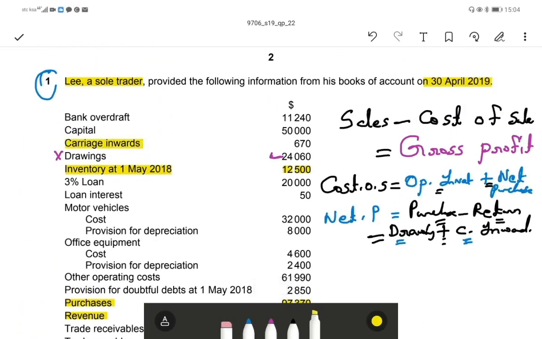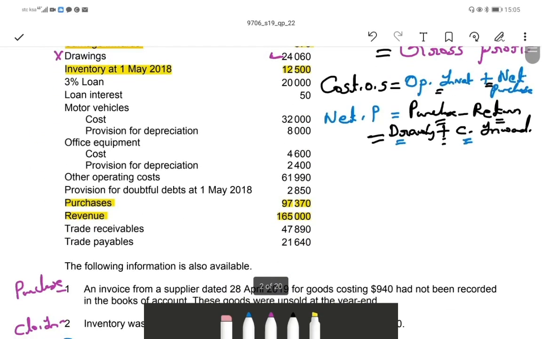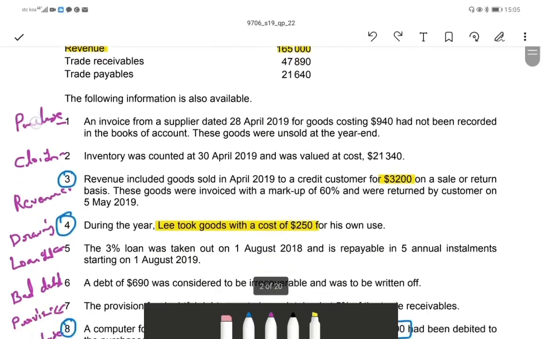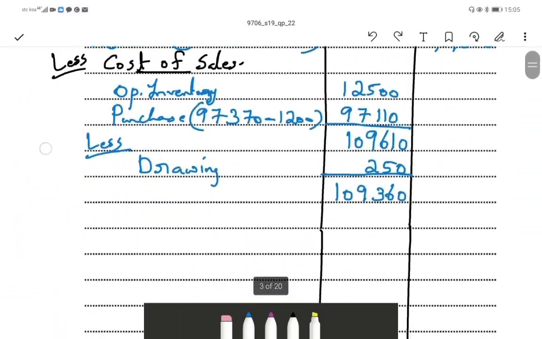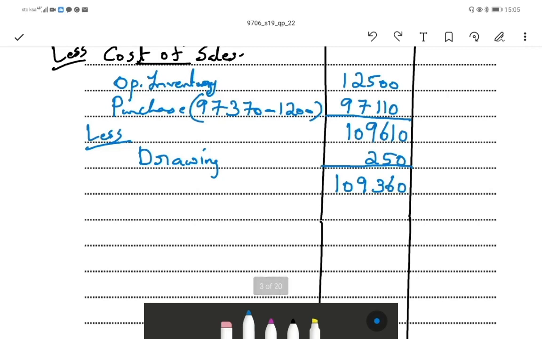Yes, here given carriage invert 670. Any adjustment for carriage invert? No adjustment. So carriage invert we should add 670. So the amount now becomes 110,030.